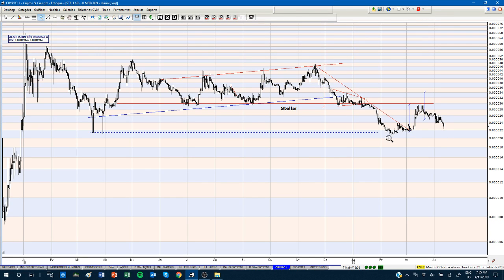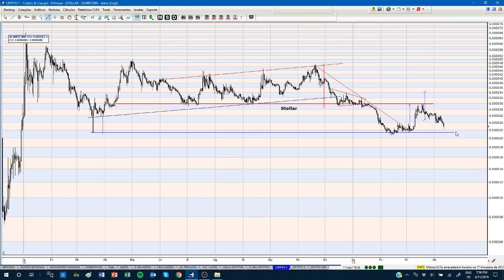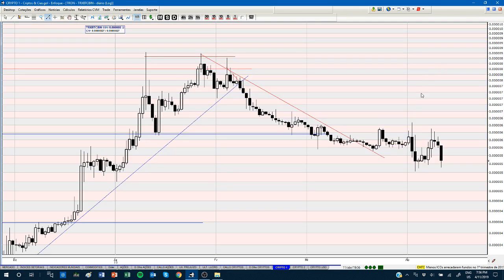It's beginning to test this very important support level that comes from these lows in March last year. So this is real now. Let's see what happened. I wouldn't touch Stellar.